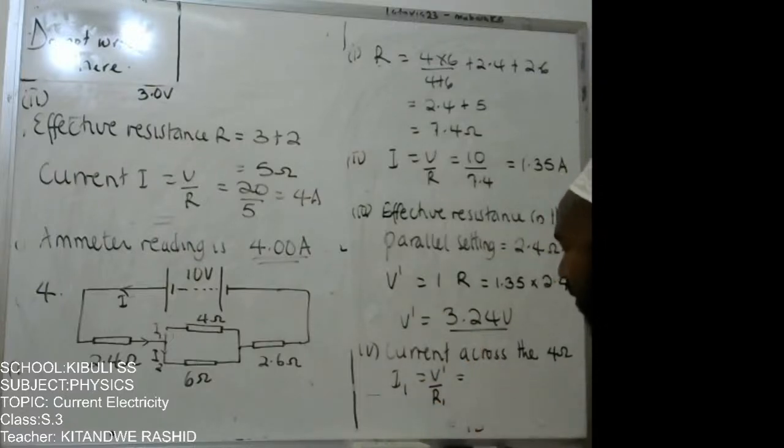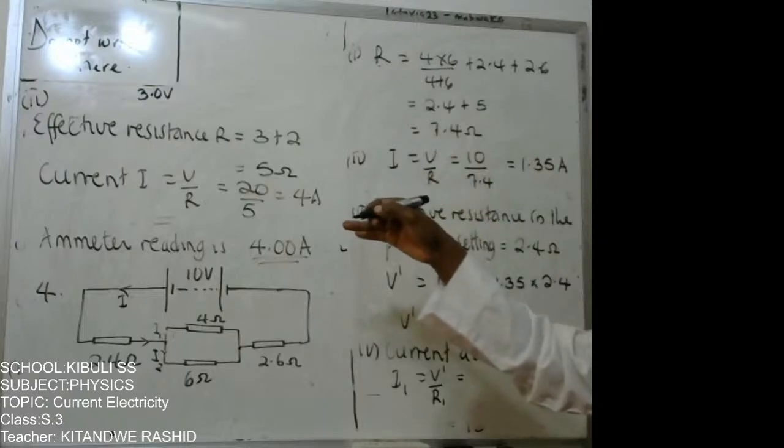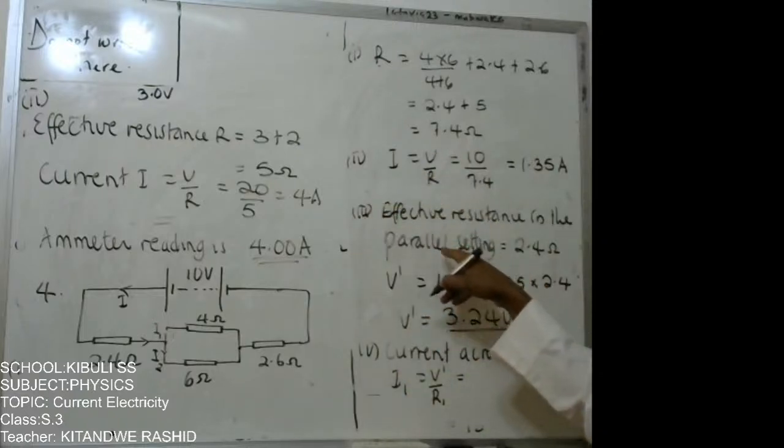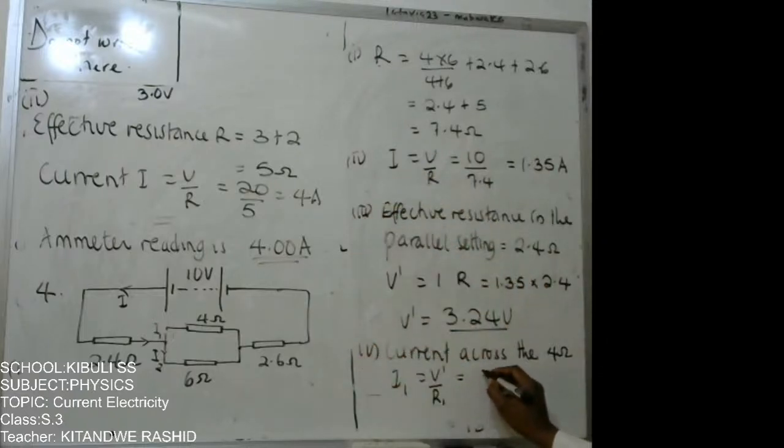So the V, it is V prime, not the total voltage, but the PD across the parallel, which is now going to be 3.24 divided by R, which R of our concern is 4. So that one gives the answer to be 0.54 amperes.